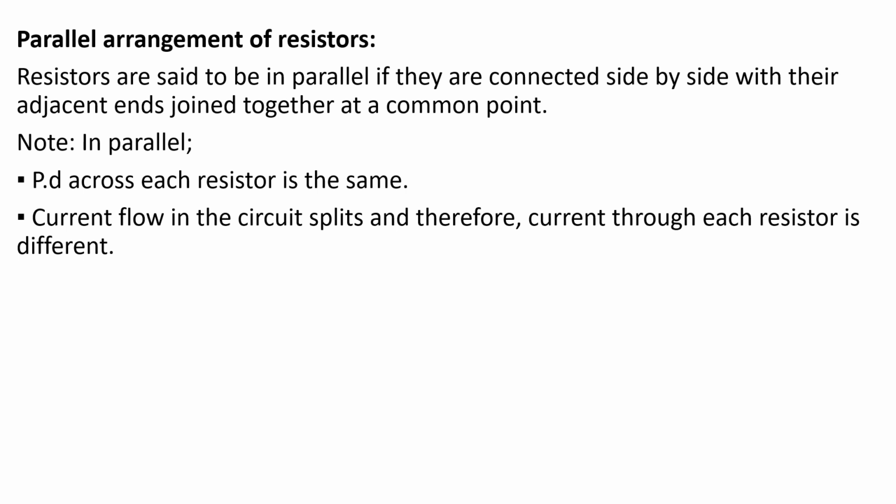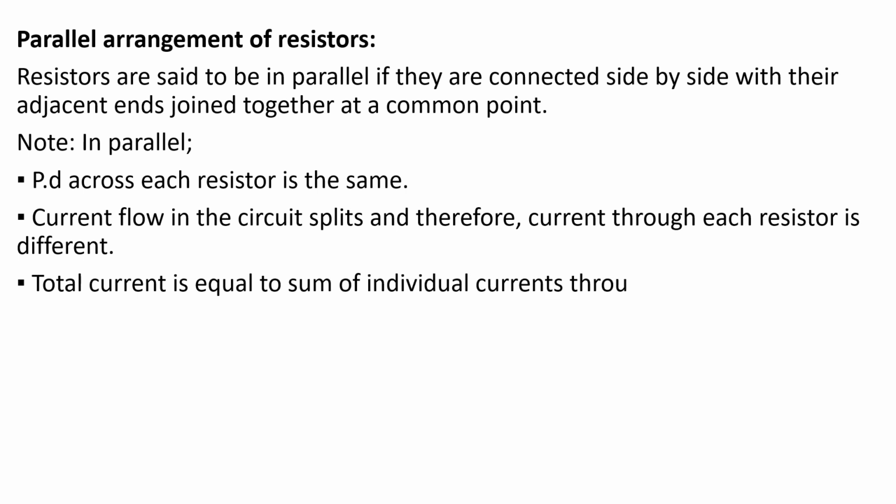I think Kirchhoff's law comes in here, and then we discuss Kirchhoff's law of the algebraic sum of current at a junction. Total current is equal to the sum of individual currents through each resistor. I think this is where we are applying Kirchhoff's.